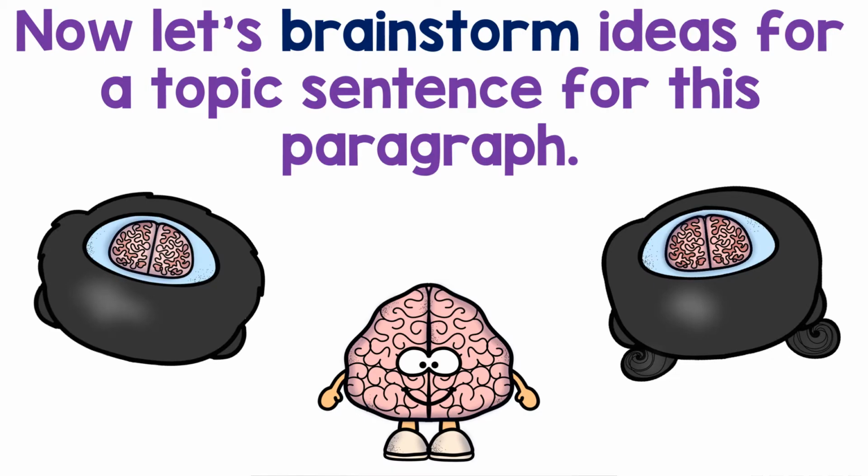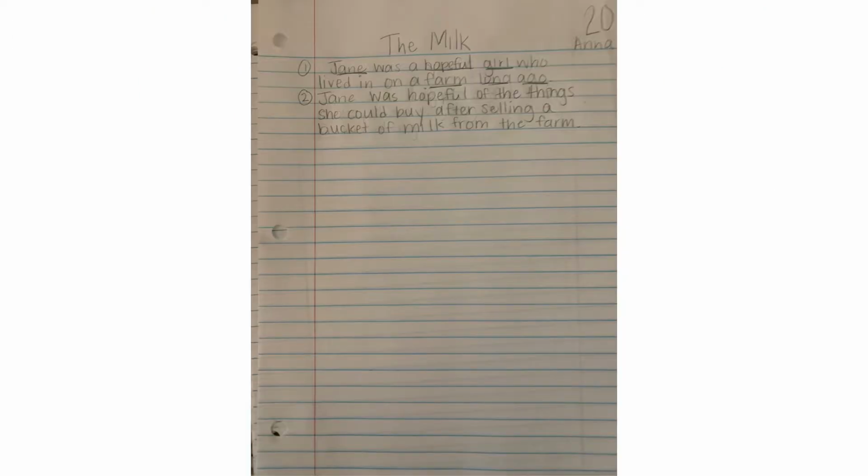Now let's brainstorm ideas for a topic sentence for this paragraph. So start thinking in your head, put some ideas in your head about how you could start your topic sentence. What was the first big thing in this story? Now you can see that I've labeled my topic sentence with a 2 because it's going to be my second sentence in my paragraph.